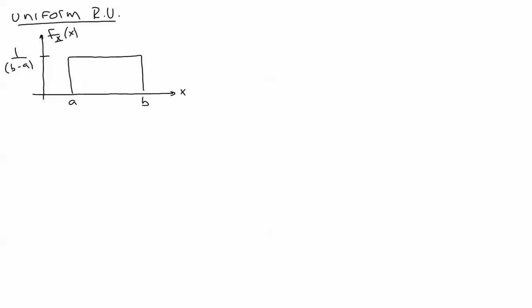This is what my uniform random variable looks like. Area, of course, is 1 in all cases. And previously we found that the mean value of a uniform random variable is just b plus a over 2. It's not very surprising looking at the probability density function sketch.